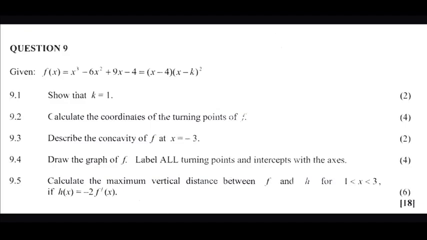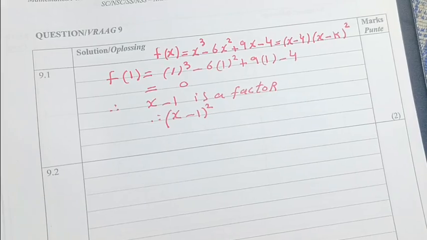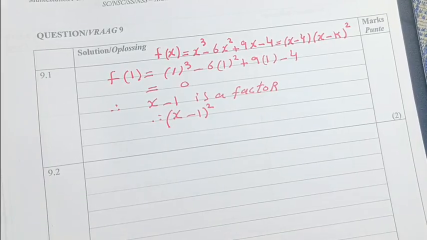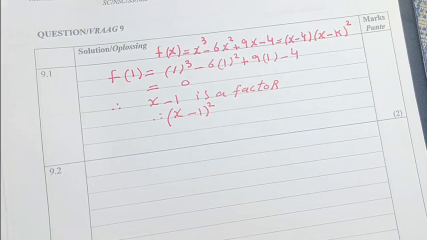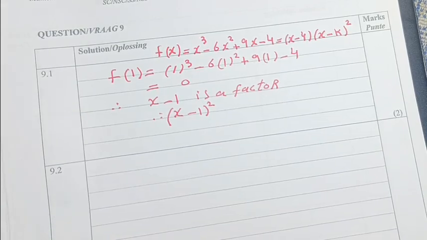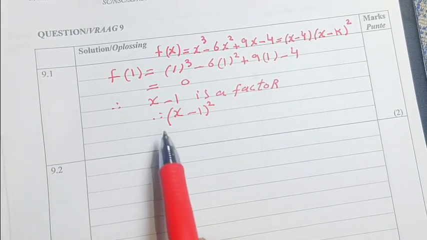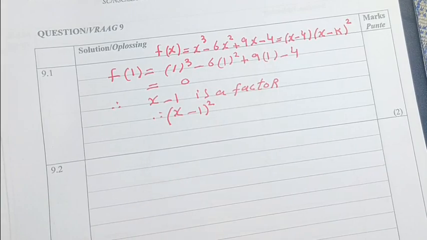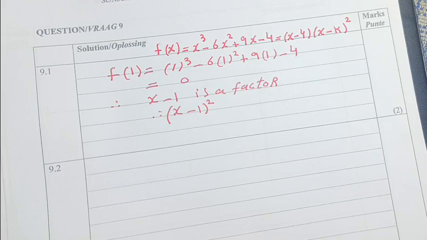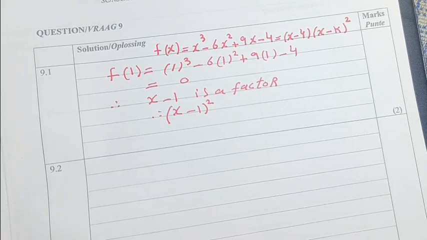9.2, calculate the coordinates of the turning point of f. Second question, we need to find the coordinates of the turning points of f. So obviously we need to find the first derivative of f of x to find the turning point, and then set the first derivative equal to 0 and solve for x.